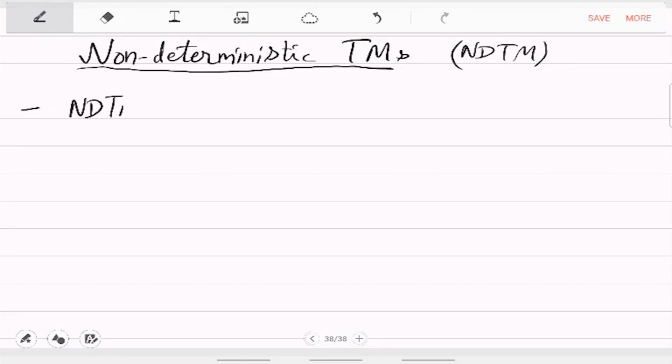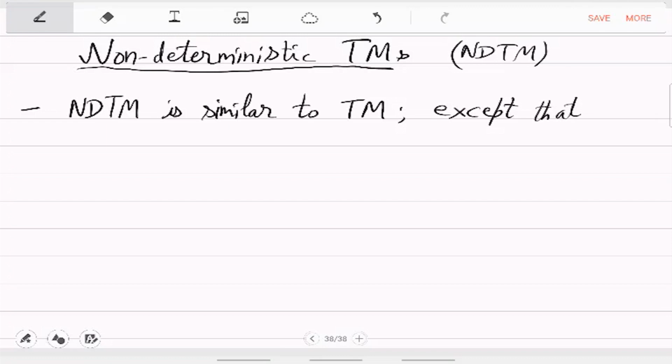So an NDTM is similar to a Turing machine, except that now there are two transition functions.